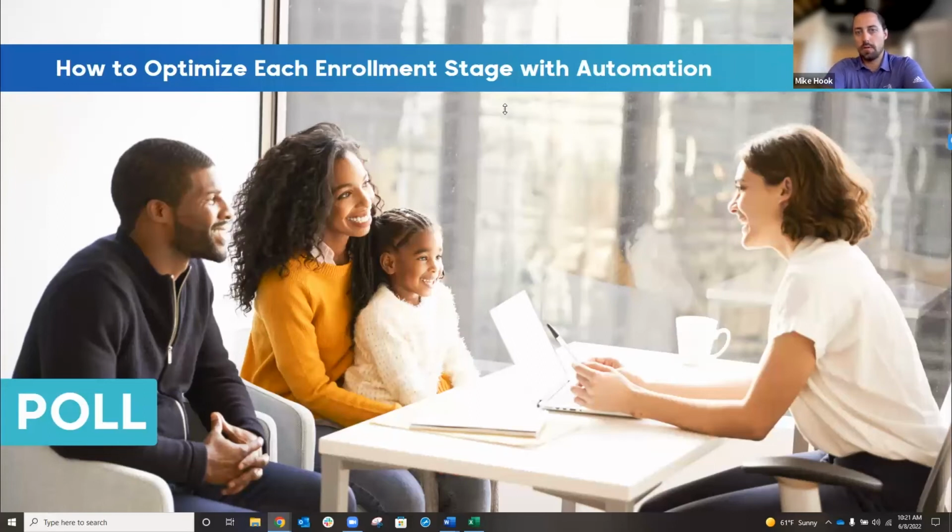So early on, we're seeing a pretty good number of you are losing families during that initial inquiry. Right away, that's where we're seeing the most from the group. So we've got a little bit over half of everybody who's responded. So thank you for those who responded. We'll leave this open for about 5 more seconds. If anybody else wants to join in on the poll, we'd love to know.